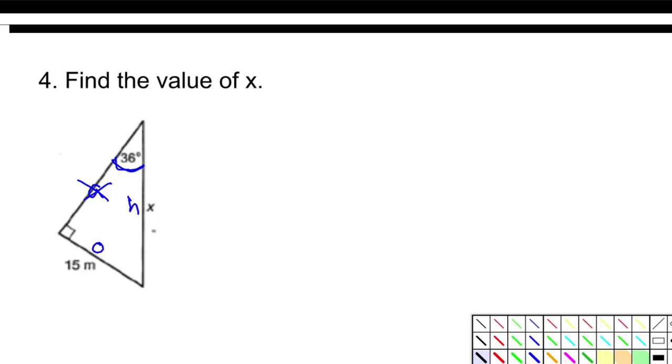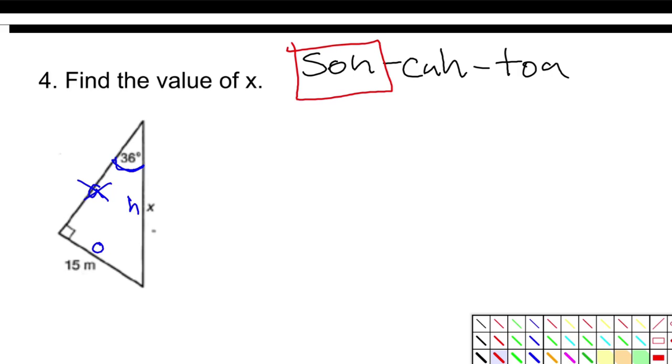And again, which ratio are you going to use? So let's write them out. SOH, CAH, and TOA. Which ratio are you going to use for this problem? Well, if I need the opposite and the hypotenuse, that looks like I'm going to be using sine. So I'm not going to use these two over here. So the ratio that I would use is sine.